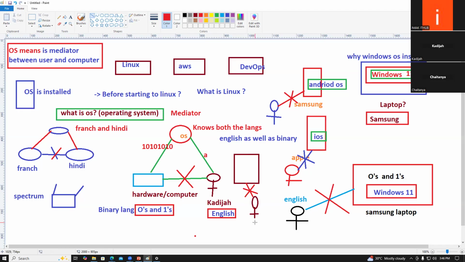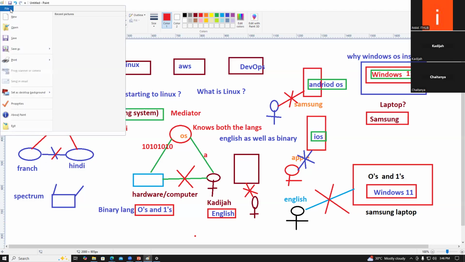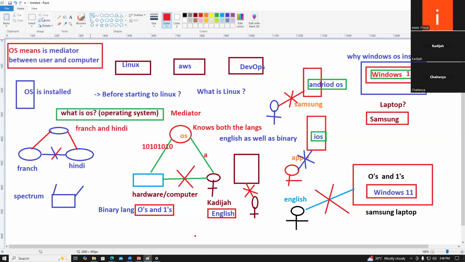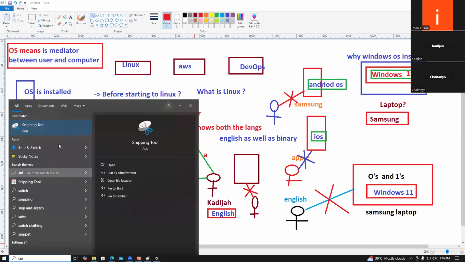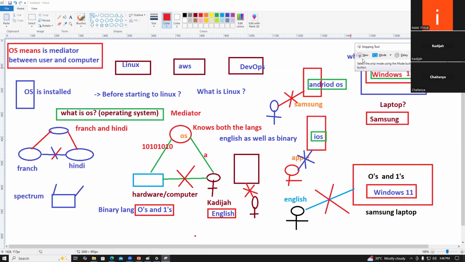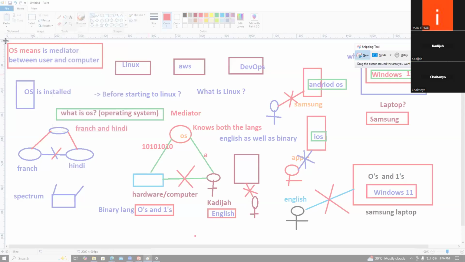From now onwards you can remember: whenever you are interacting with any hardware, definitely there will be an OS installed. Yes, I understood. Very good. Now you got it right. What is OS? Now you understood.